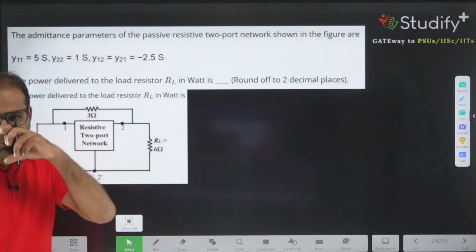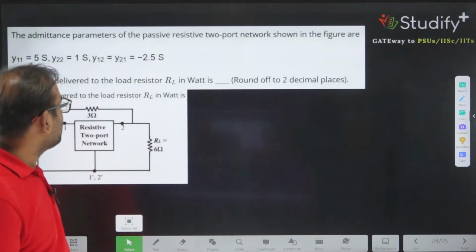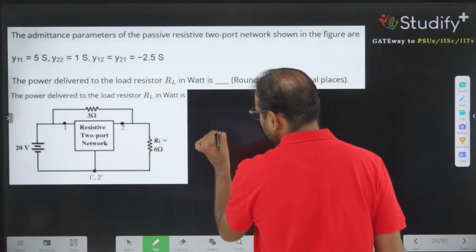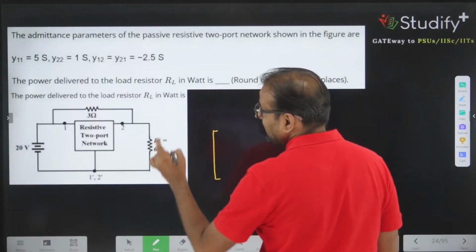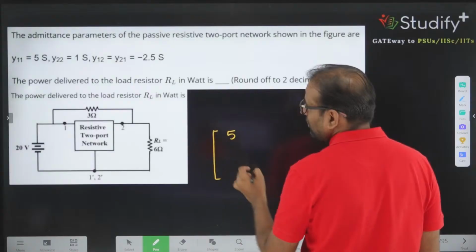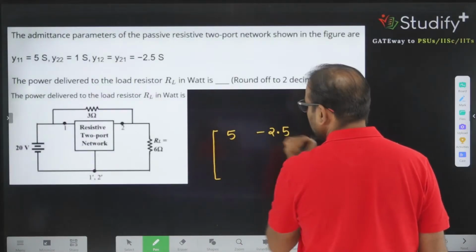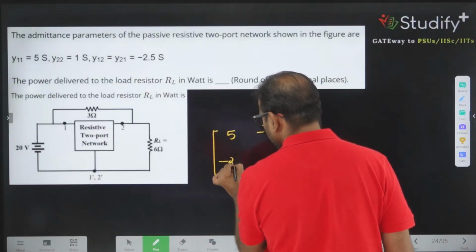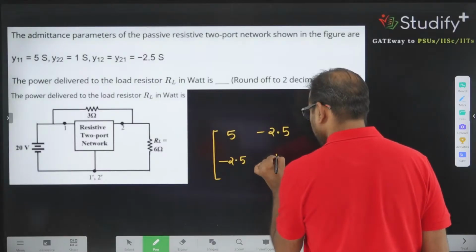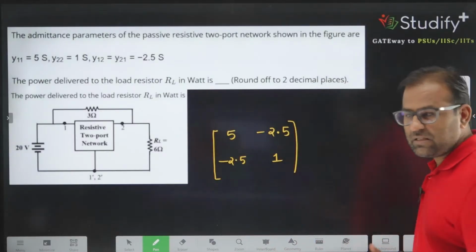The admittance parameters for a passive two-port network are shown in the figure. So for the two-port network, Y parameters are given: Y11 is 5, Y12 is minus 2.5, this value is minus 2.5, and this value is 1.